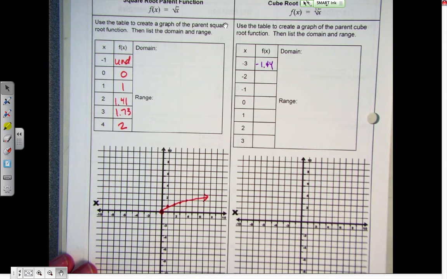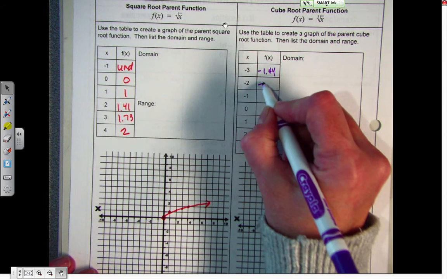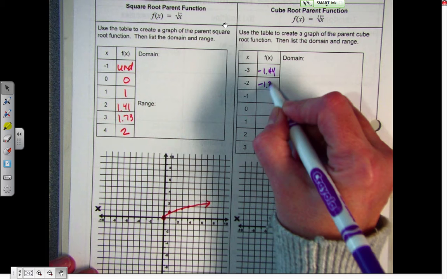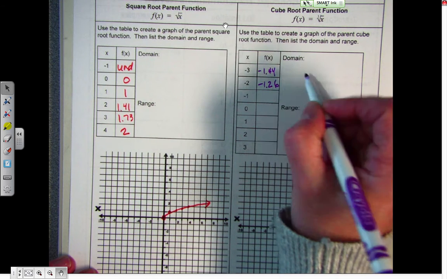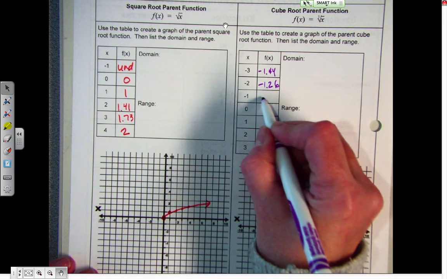And the cube root of -2 is approximately -1.26. Cube root of -1 is -1.